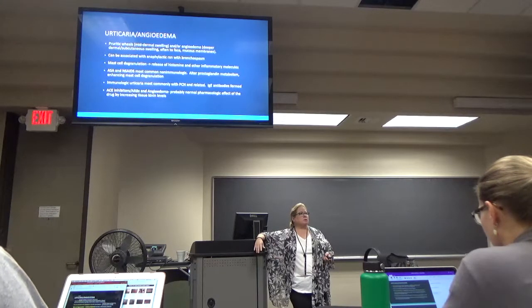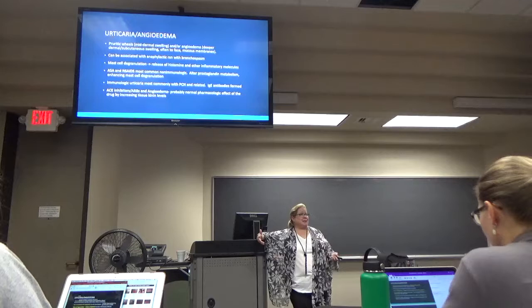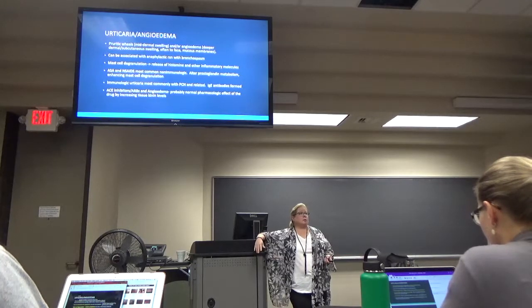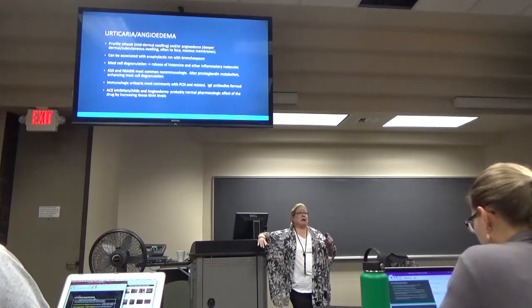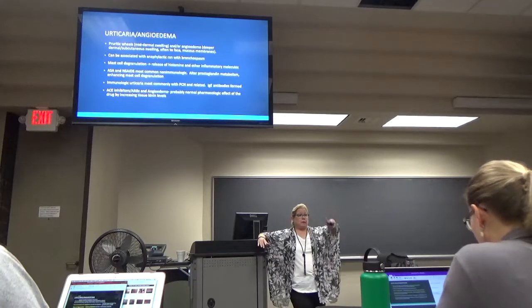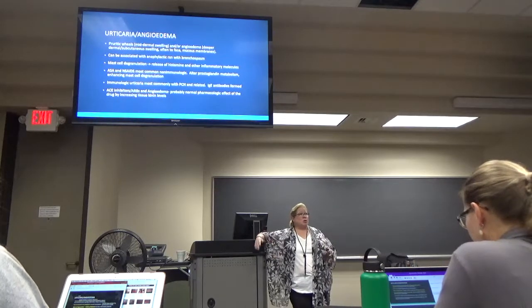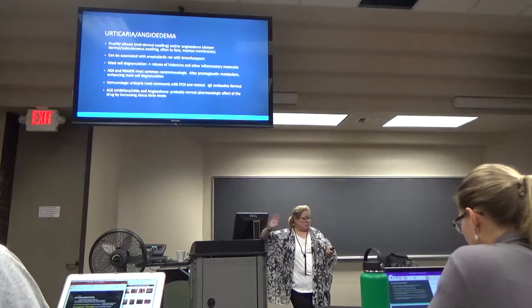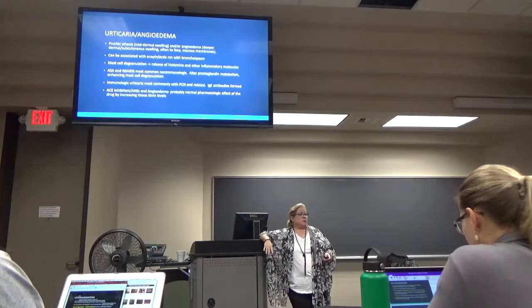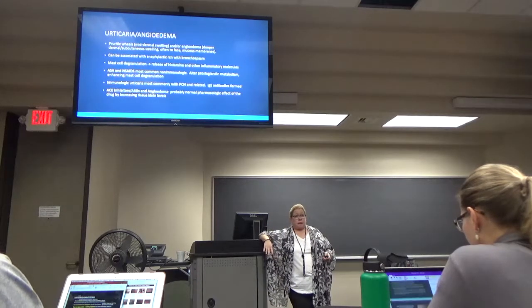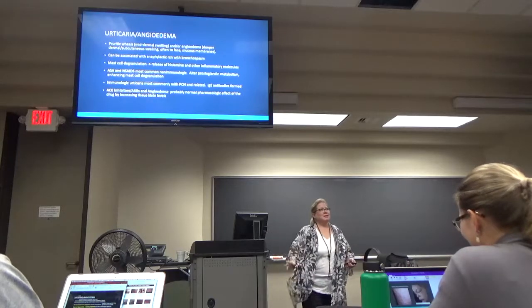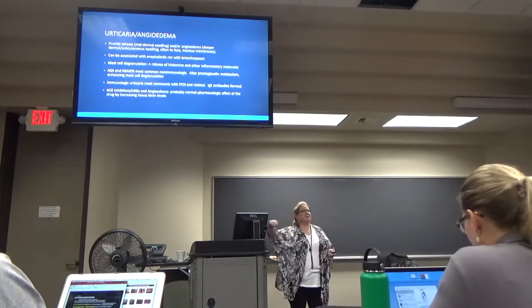You can also get another medication that can cause angioedema, your ACE inhibitors, but that also is not an IgE antibody related thing. That's more kinin levels, and I don't know all the physiology about that. You guys might, but I don't. Just know it's not IgE related.